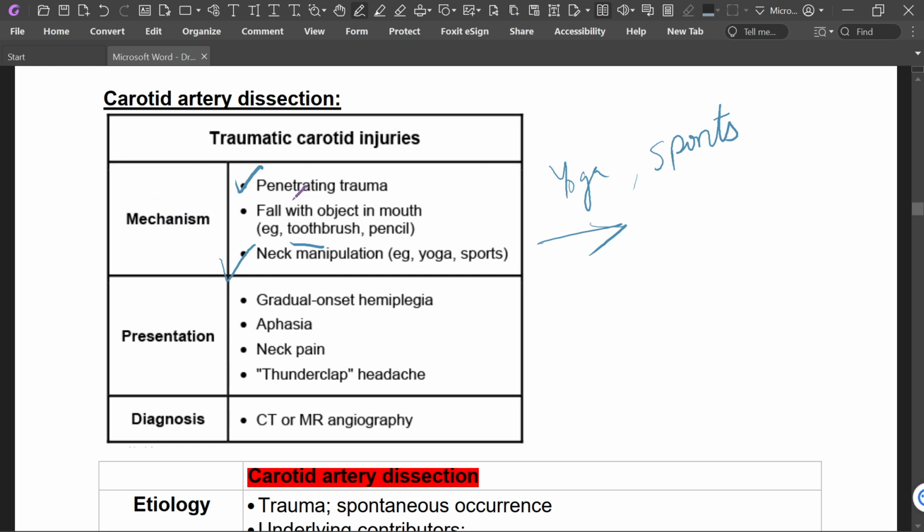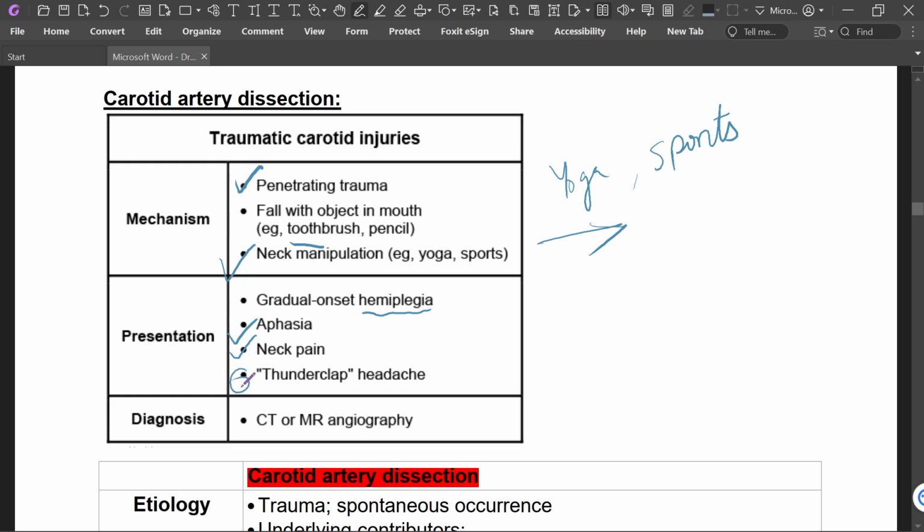In carotid artery dissection, there may be gradual onset hemiplegia. So it is not sudden onset hemiplegia, it's gradual onset hemiplegia. There may be aphasia, problem in the speech. There may be neck pain, as neck manipulation can cause this, and there is thunderclap headache.